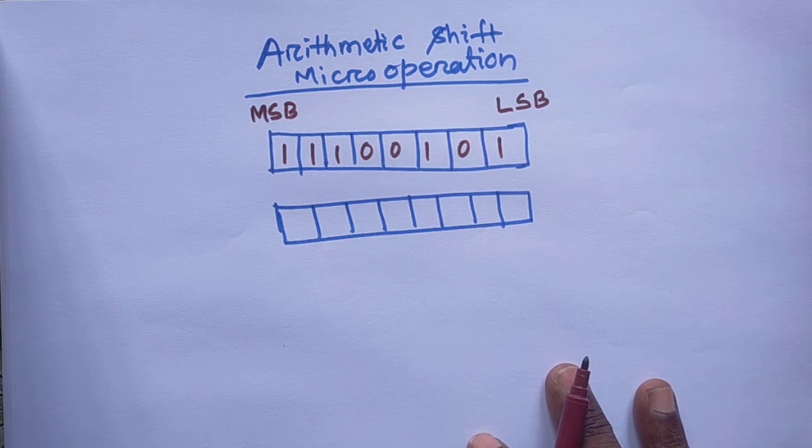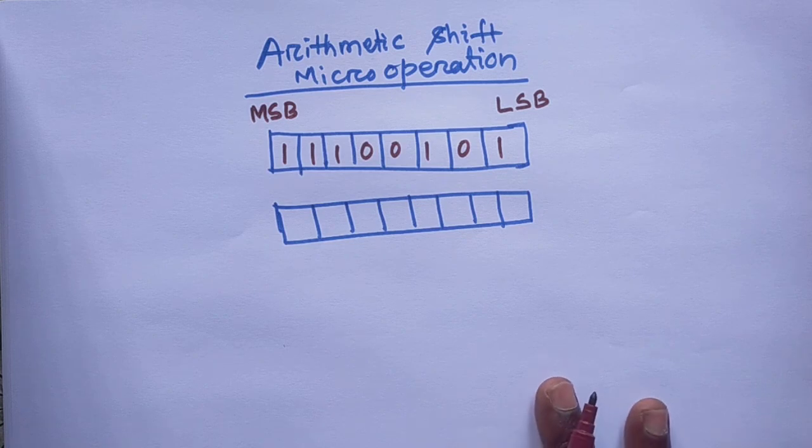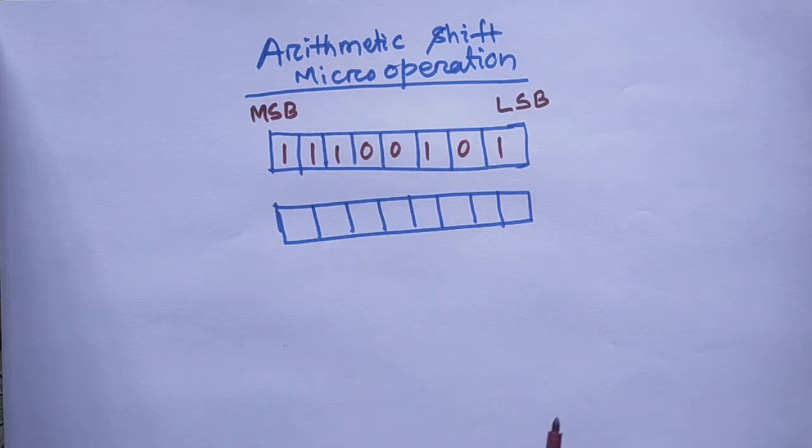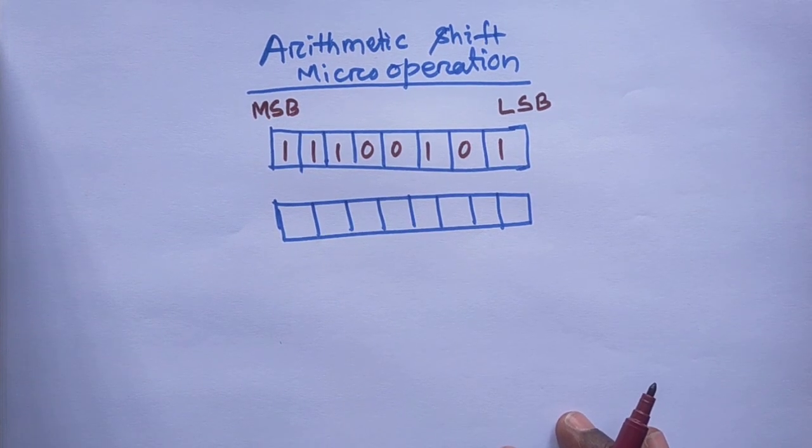The MSB bit defines whether the number is positive or negative. It is the sign bit, or unsigned bit, depending on that.